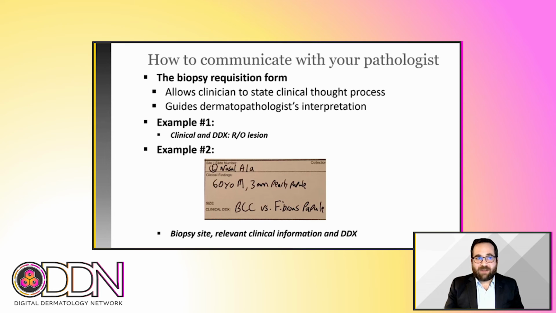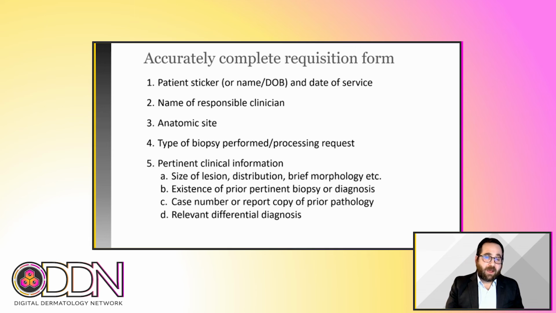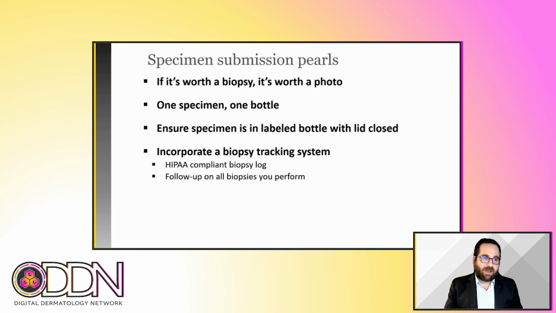And here, when you identify that you're looking for basal cell carcinoma versus fibrous papule, they'll likely get deeper levels if they don't see a basal cell, really identifying the issue at hand and helping the clinician get the most from their biopsy. Other details that are very important for the workflows for biopsy submission are to include the pertinent patient information and again, some of that key clinical information so that you can list your thought process and really begin the conversation from dermatology to dermatopathology.